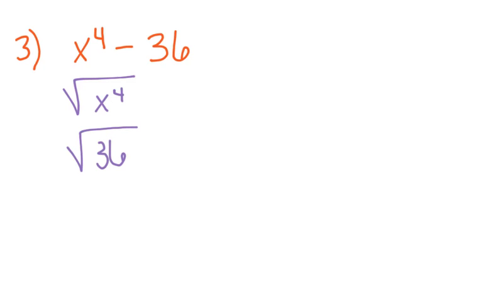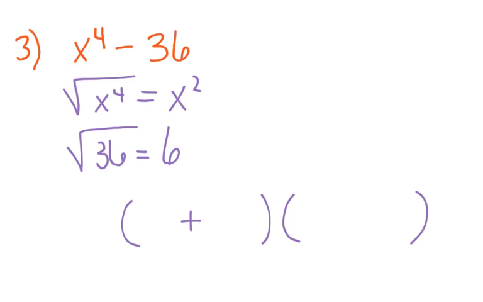So we know the square root of x to the 4th is x squared. The square root of 36 is 6. So I go ahead and I got my 2 binomials, one with a plus, one with a minus, and I write the square roots that I just found in. And we're done with that one.